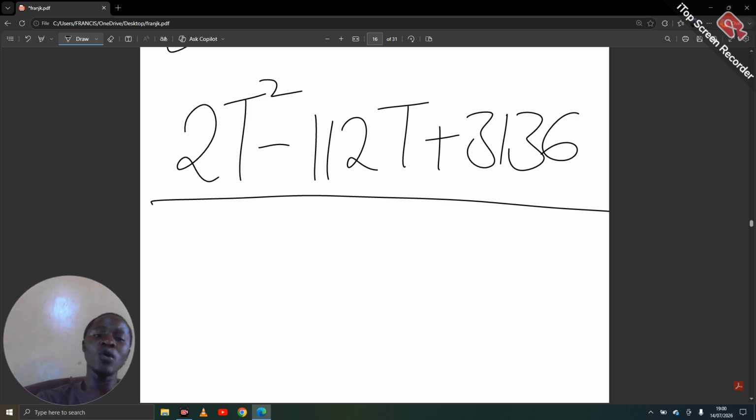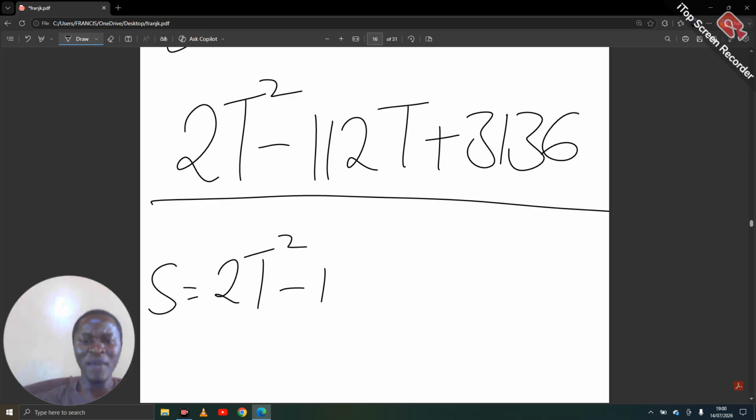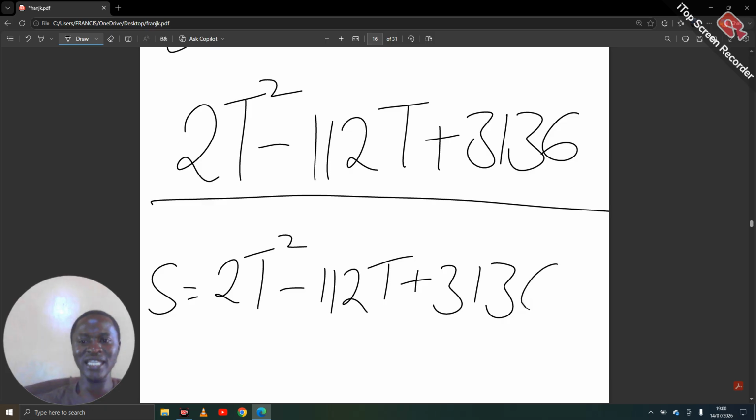So if you were to write s equals 2t squared minus 112t plus 3136, you would get it wrong. Why? The question wants just an expression, and an expression is totally different from an equation.